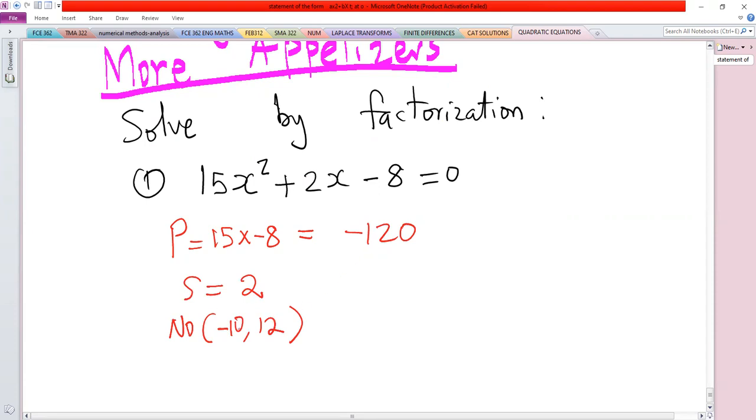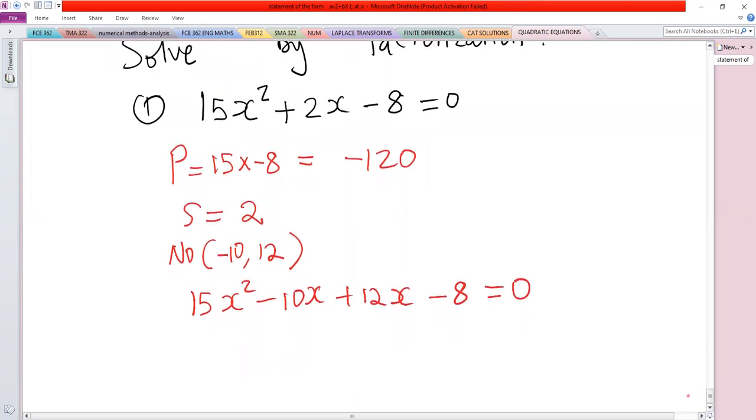So I will write this one as 15x squared minus 10x plus 12x minus 8 is equals to 0. So do the pairing.